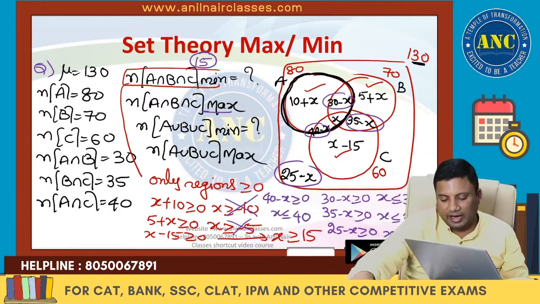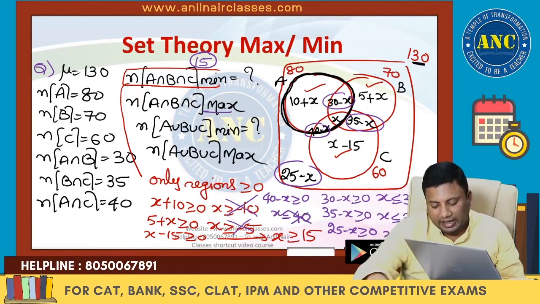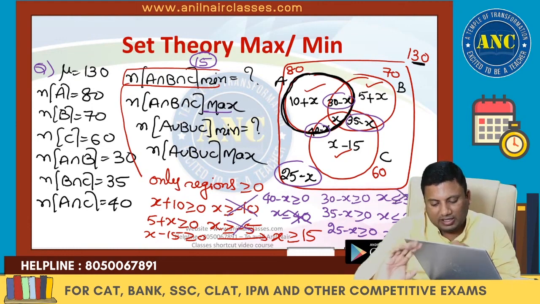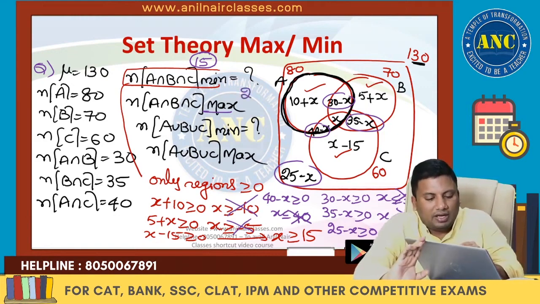We should never get any negatives. 30 minus 40 is negative. 25 minus 30 is negative. 35 is negative. So what is the maximum value? Maximum value is nothing but 25.